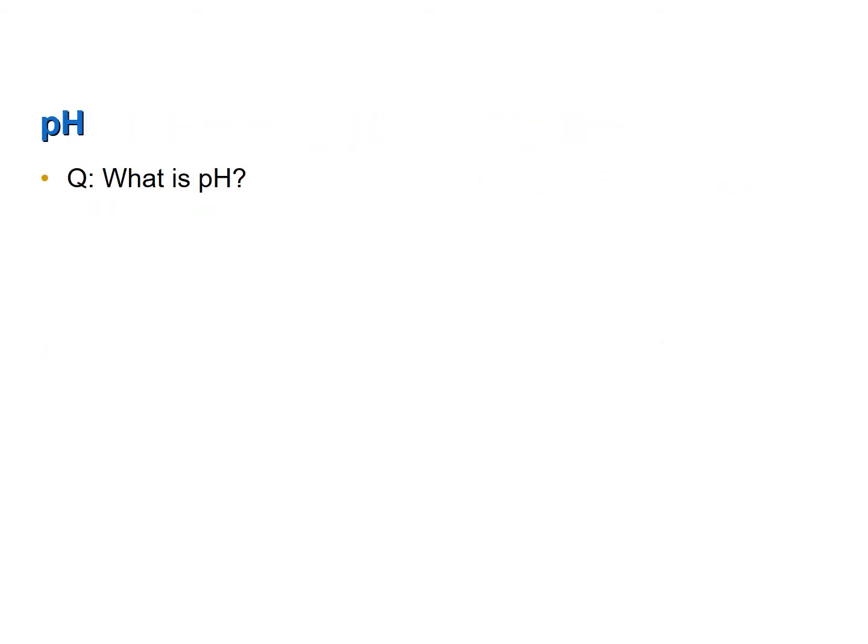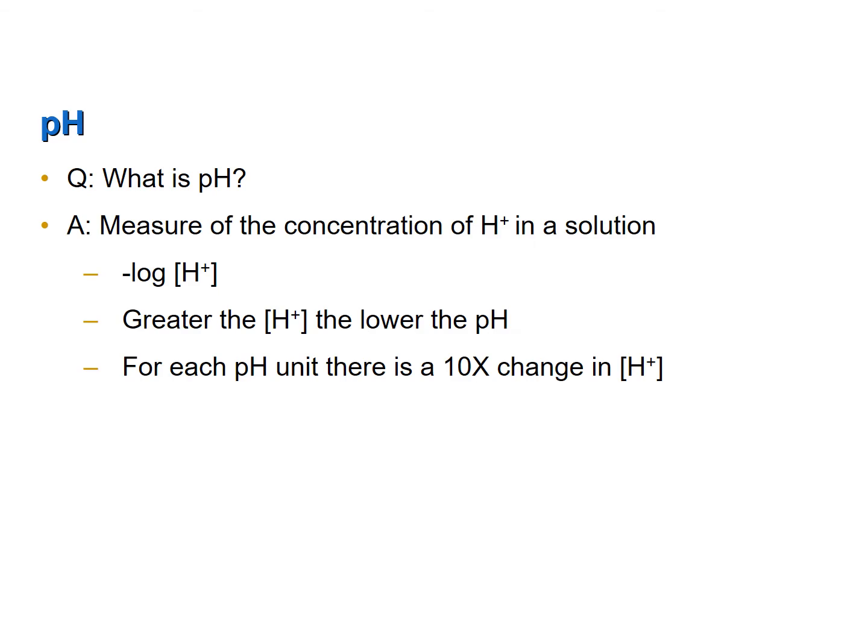Before we go any further in our discussion, let's remind ourselves of what pH is. pH is a measure of the concentration of hydrogen ions in solution. If we looked at a mathematical equation, it is the inverse log of the concentration of hydrogen ions.